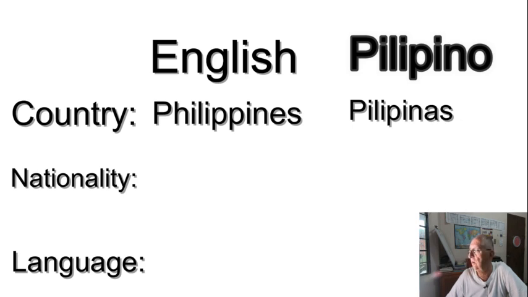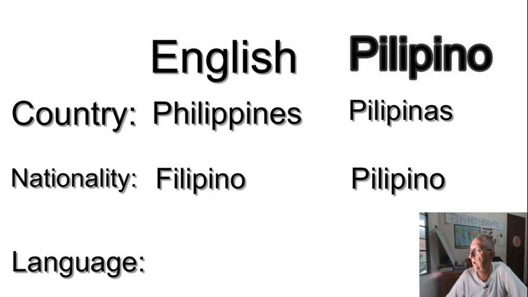Okay, now there's the nationality. Some people may get confused on this, but in English, whether it's a woman or man, we say Filipino. He's Filipino, that's his nationality. Or she's Filipino. In the Filipino language, they say Pilipino.